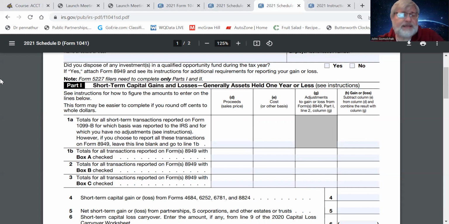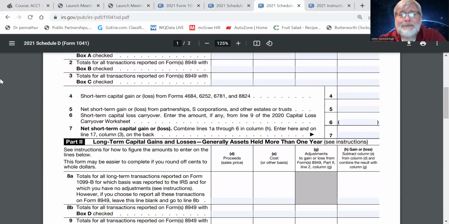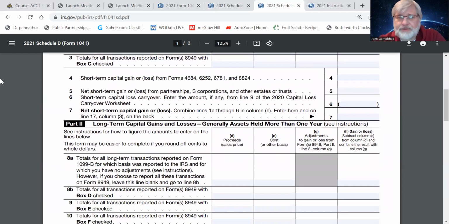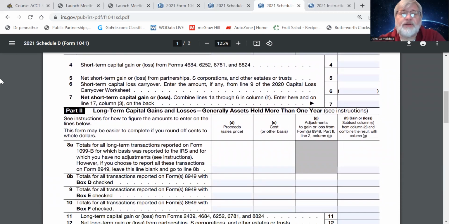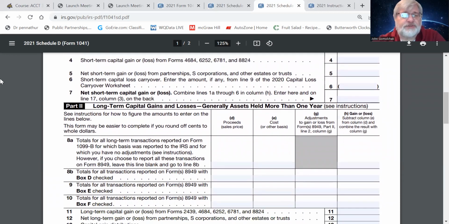Otherwise, we have to use 1B, 2, or 3, where we check box A, box B, or box C, all the other things we've seen before. Short-term capital gain or loss from another form, gain or loss from partnerships, S corps or other estates or trusts, short-term capital loss carryover.